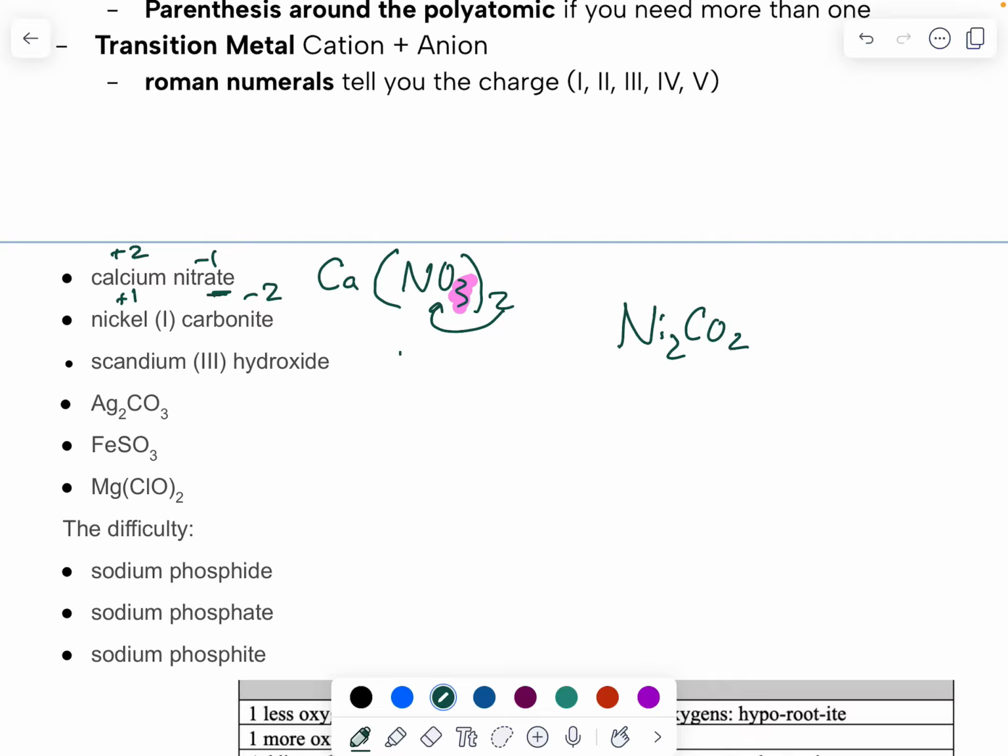Next one, scandium, which is Sc. Hydroxide, this is still a polyatomic ion. It's on the back of my table. It's OH. Scandium's a plus 3. Hydroxide's a minus 1. You can't just throw a 3 at the end because that means I have 3 hydrogens but not 3 hydroxides. So you need parentheses with the 3 down there at the bottom.